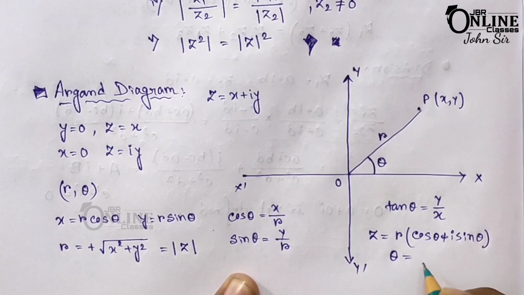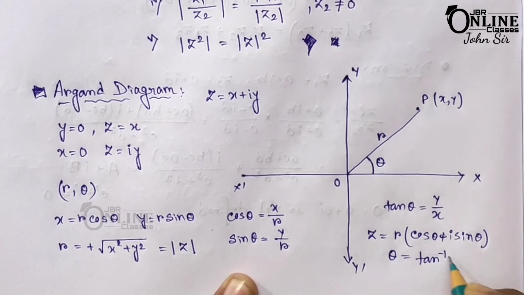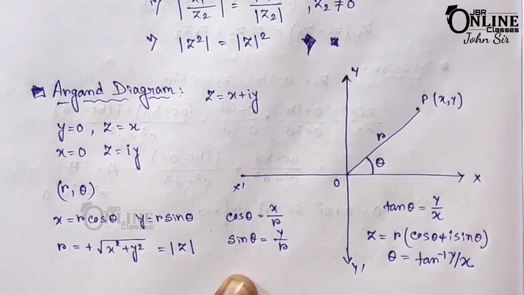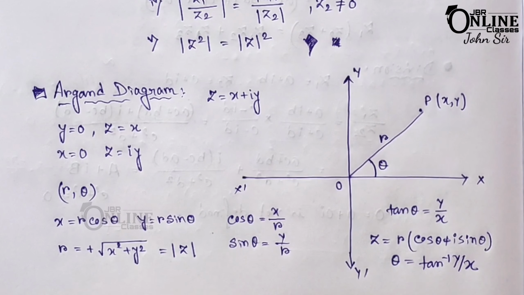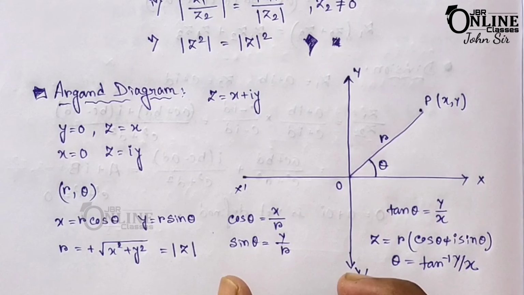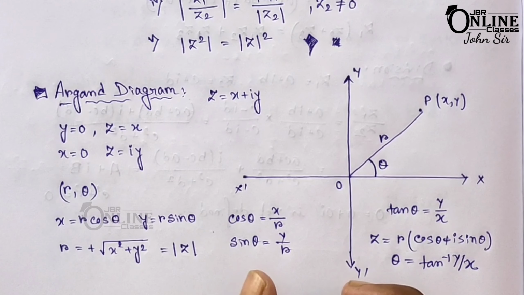So here theta equal to tan inverse y by x. This gives the polar representation of the complex number z equal to x plus iy.